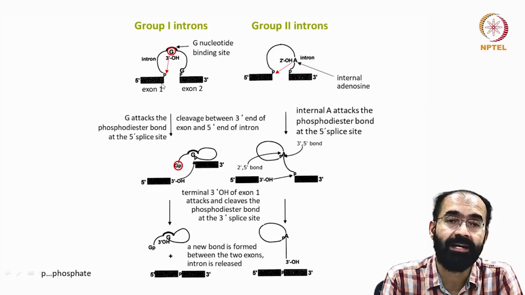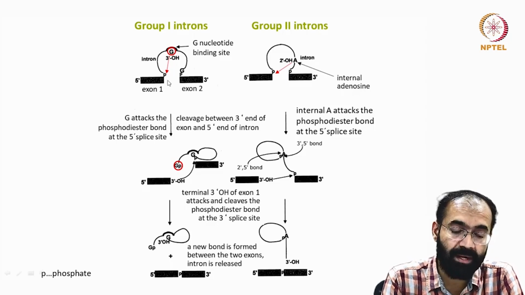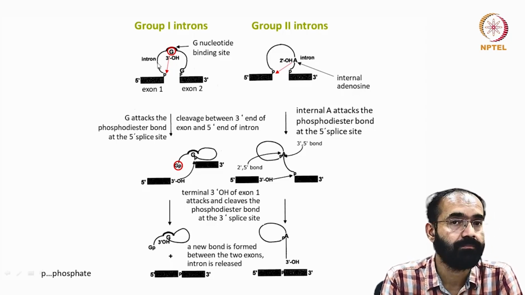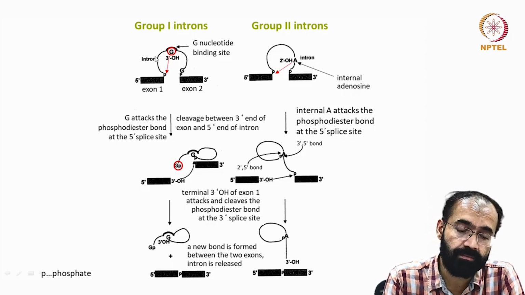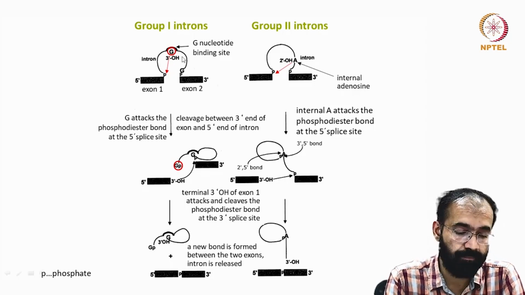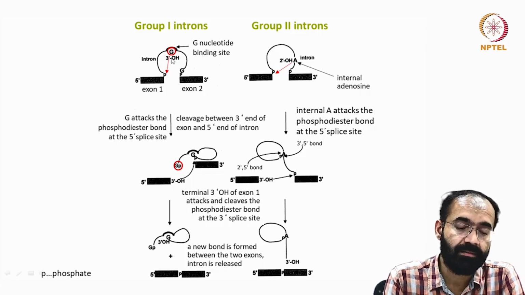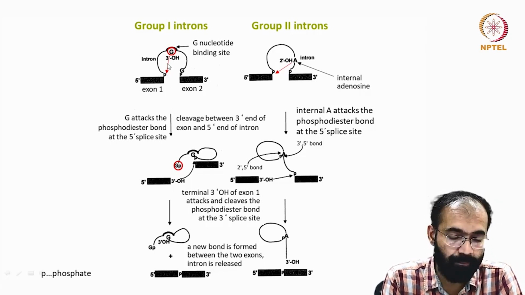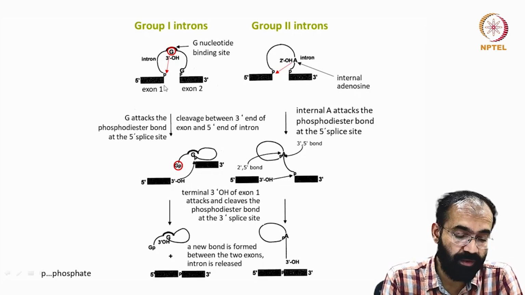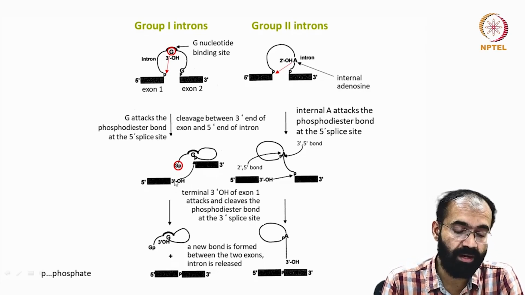Exon 1 now has a free OH. Earlier it was not there. The 3' OH was part of this long RNA chain, part of the phosphodiester backbone. But once this nucleophilic attack happened, you will have a free OH from exon 1.